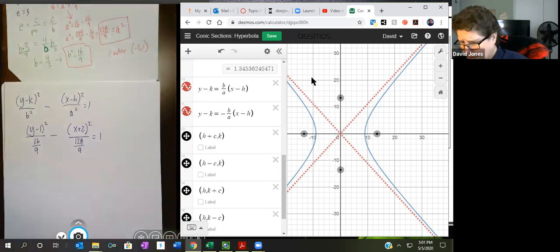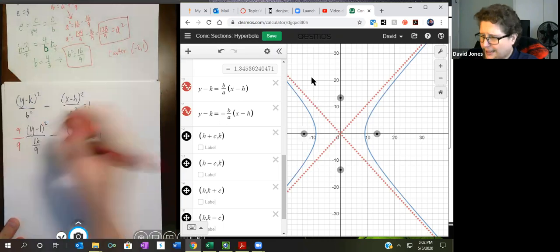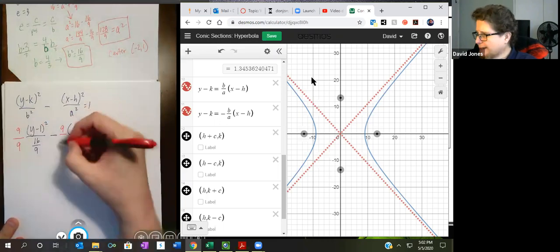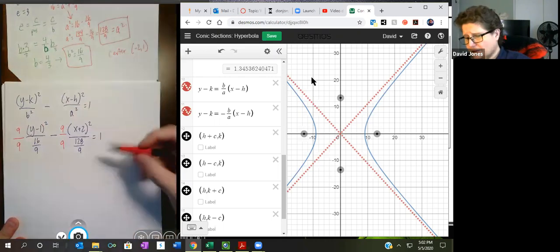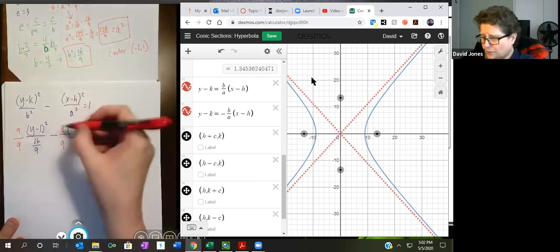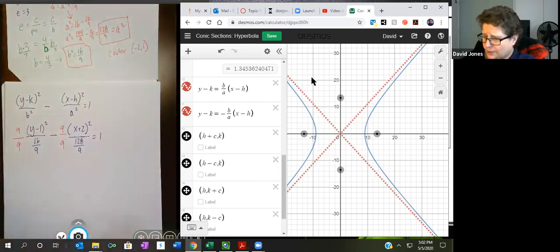Now, we don't like that. We do not like having fractions within fractions. If I multiply this equation by 9 over 9 and this equation by 9 over 9, then one of these 9s will stay on top. The one on top will stay on top. But this 9 will cancel this 9.